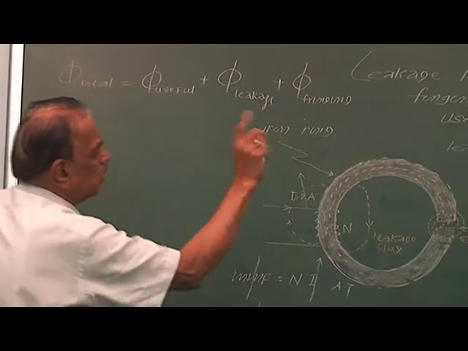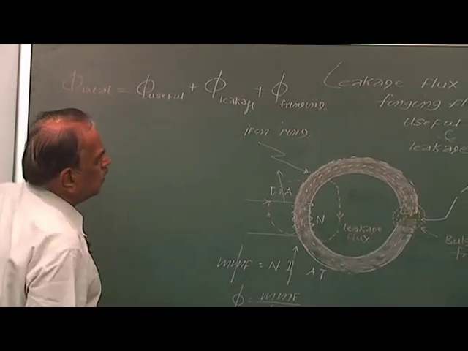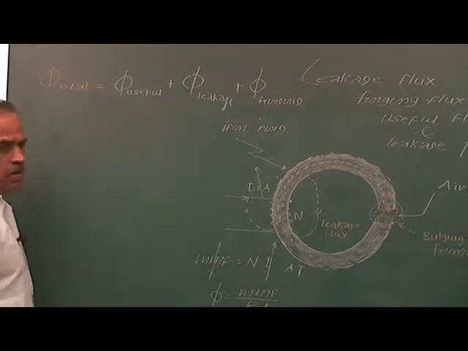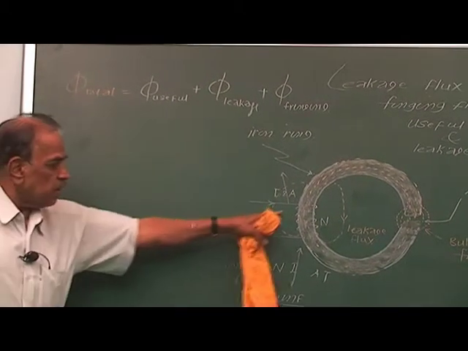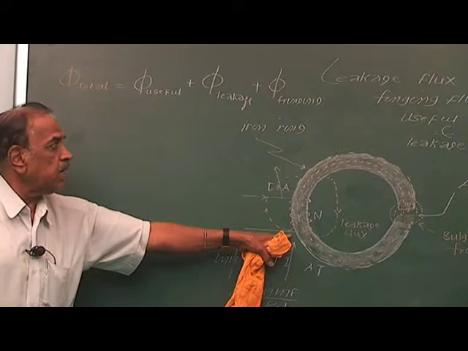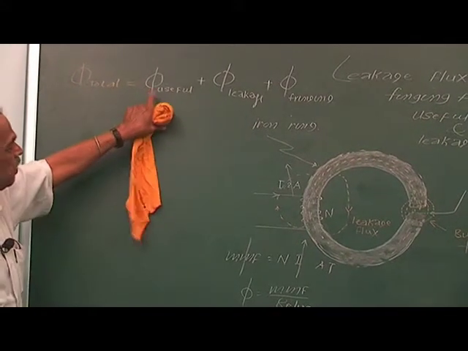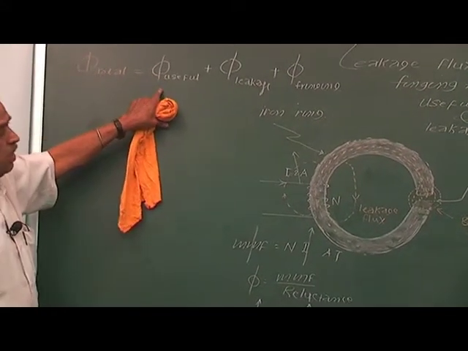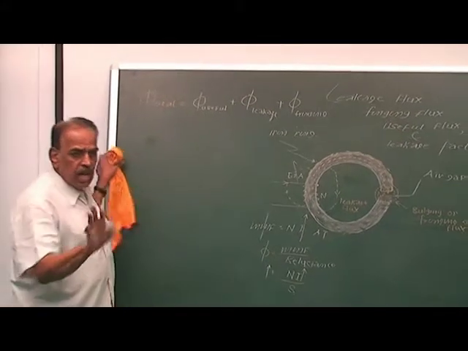Useful is over total, fringing, leakage. 1, 2, 3, 4. So 4 fluxes I have written, and total flux is here. Here the winding. Out of this, this is the required flux. The leakage and fringing are unwanted.